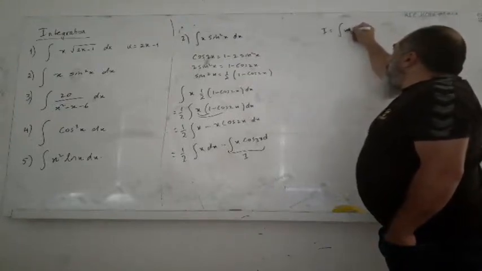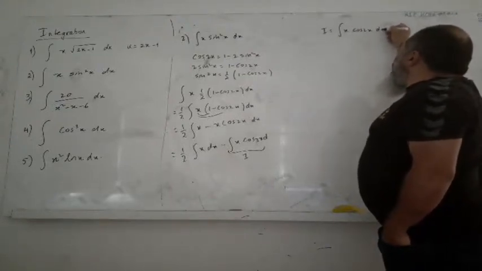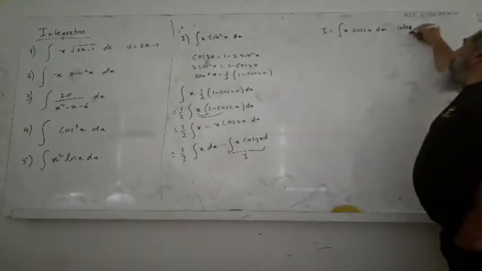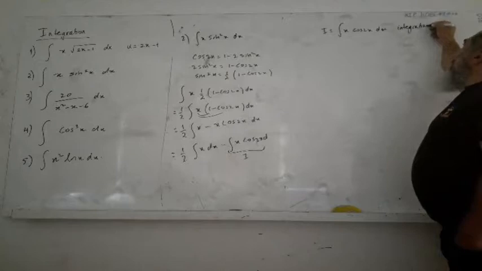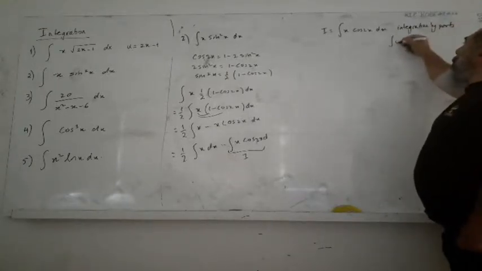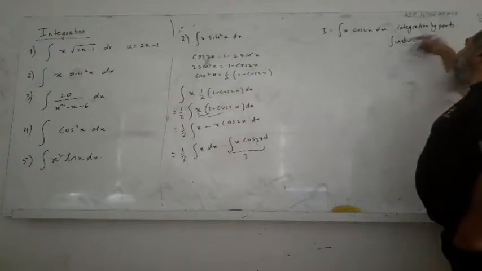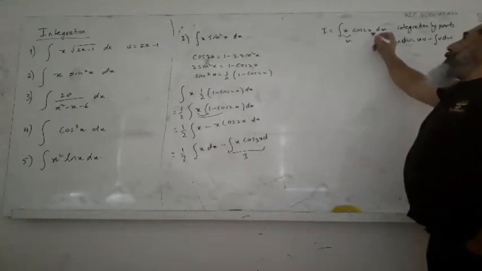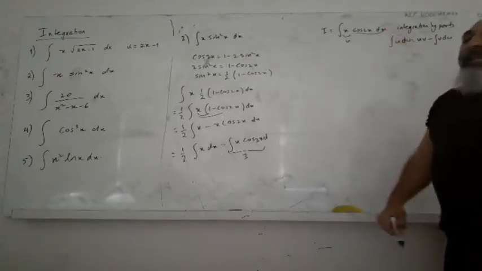And here we have to use what? Integration by parts, where the integral of u dv is equal to uv minus the integral of v du. So x is always u if you don't have ln x in the question, and cosine 2x is dv.